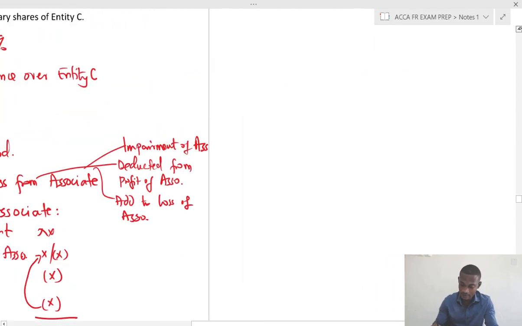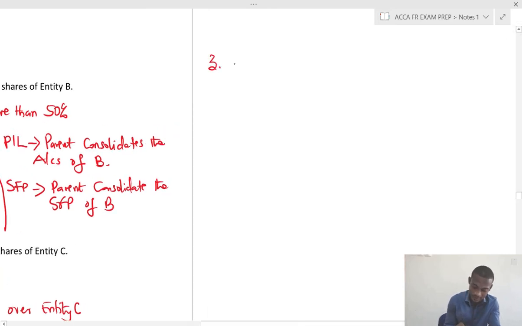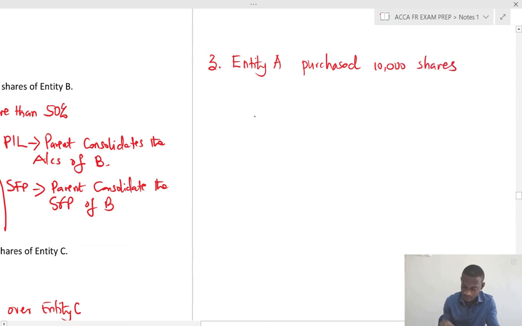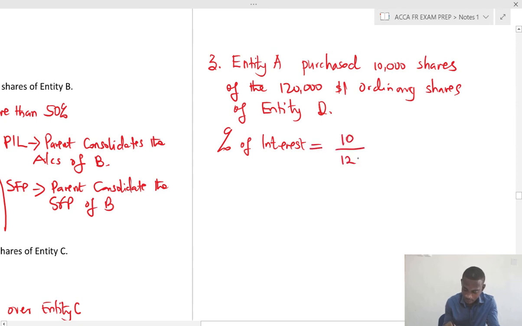Now to add a third type of investment, let's say that entity A again purchased 10,000 of the 120,000 ordinary shares of entity B. Again, we need to establish the percentage of interest, and this should be 10 over 120.